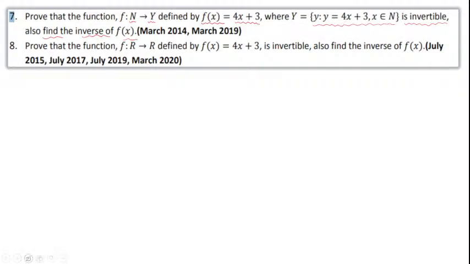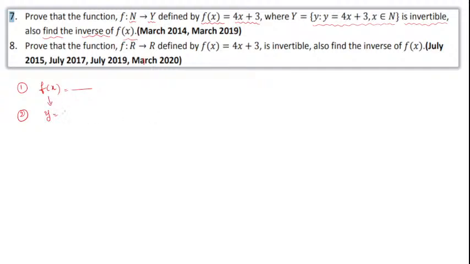So here, in order to prove the given function is invertible, I will give you some important shortcut methods. The first step is to write your given function f of x. In the second step, consider your given function as y, instead of f of x write y.